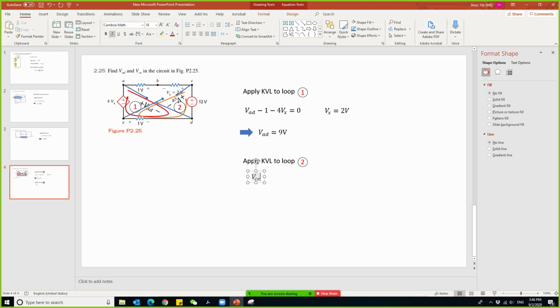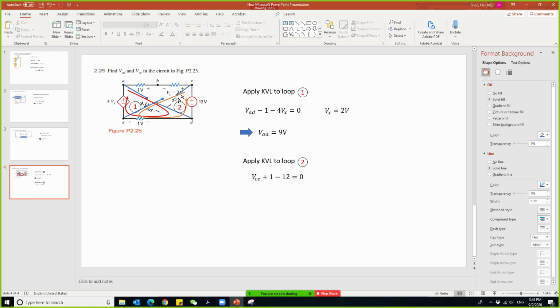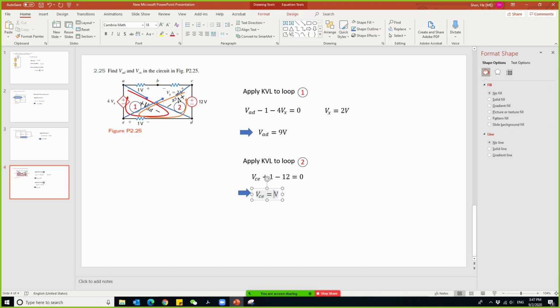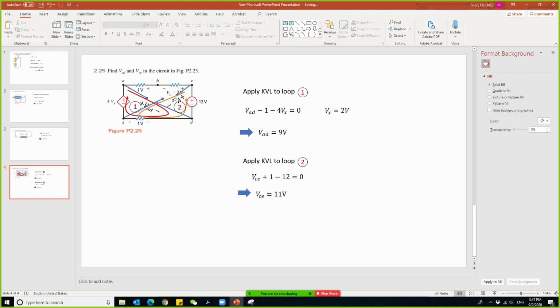The first voltage drop is VCE. The second voltage drop is 1 volt plus 1 volt. The third voltage drop is from here to there, that is minus 12. That is equal to 0. So we can find VCE. VCE is 11 volts, right? So that's how we solve this problem.